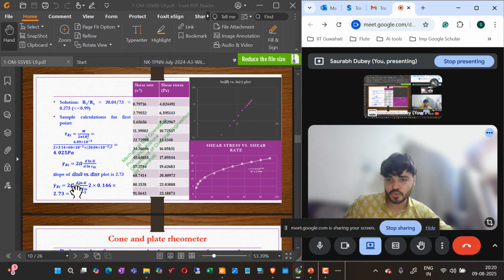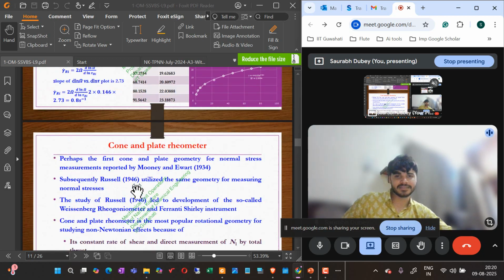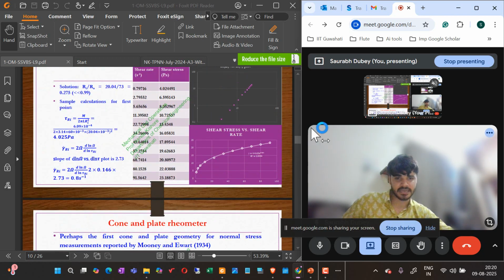No, it's not the slope, it is 2 into 1.46, which is the value of omega, and then the slope of this curve, which is ln of omega to ln of shear stress, is 2.73. And this will give you the shear rate value. You have to just make the table of the shear rate calculated against the shear stress for each corresponding value of torque and rotational speed, and then this shear rate and shear stress can be plotted.